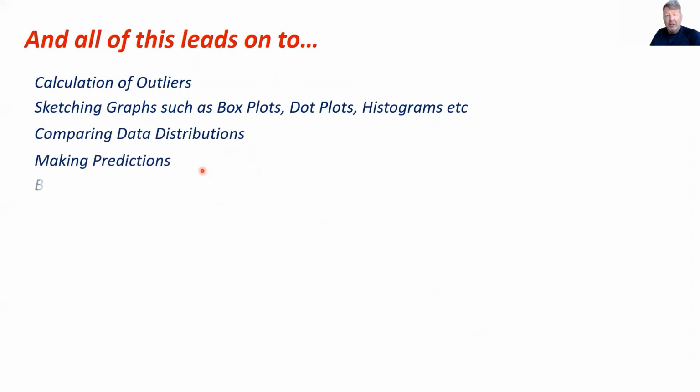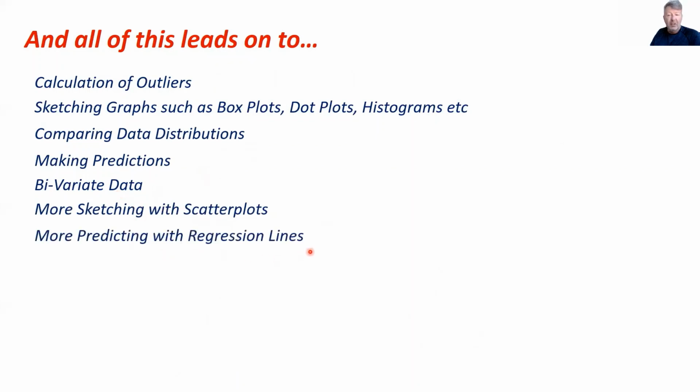You're going to be making predictions. You're going to be looking at bivariate data. That means 2 variables. You've only been doing univariate. More sketching and scatter plots, which is again dealing with bivariate data. More predicting with regression lines. Oh, and so on. And this is just up to year 12, let alone in university.